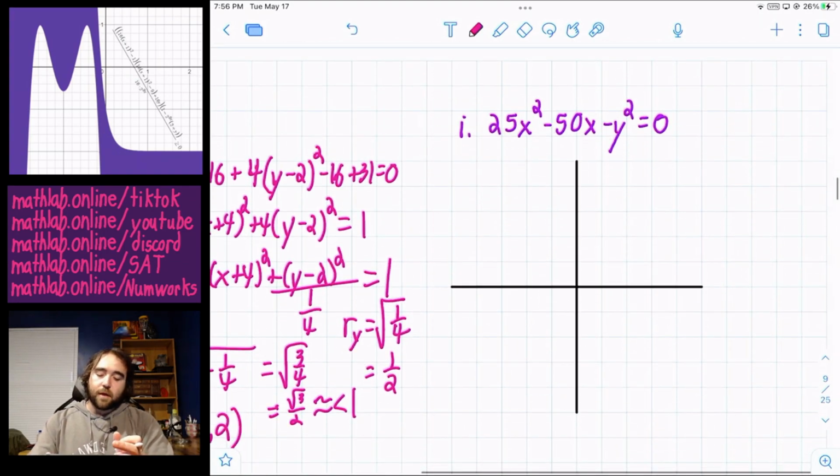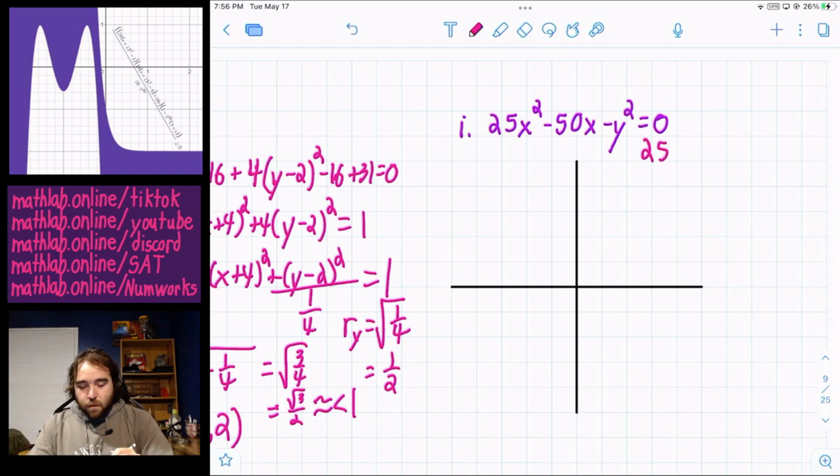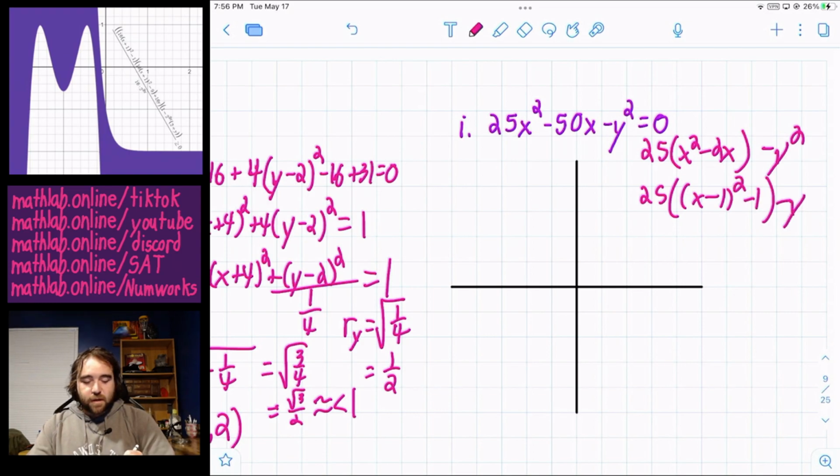All right, this is a hyperbola. We got to factor out the 25. So then we complete the square. I don't know why I'm writing out every step here and I didn't on the last one. And then distribute, and then end up dividing by 25.